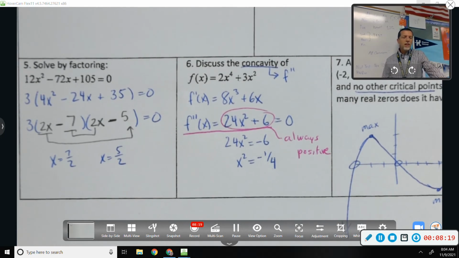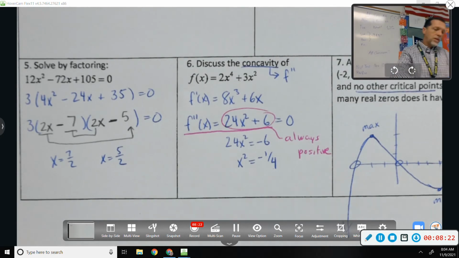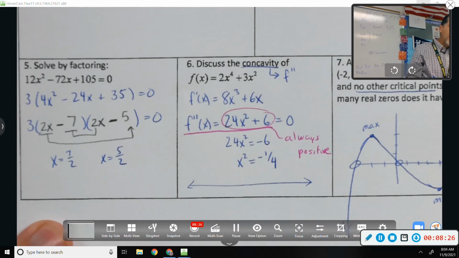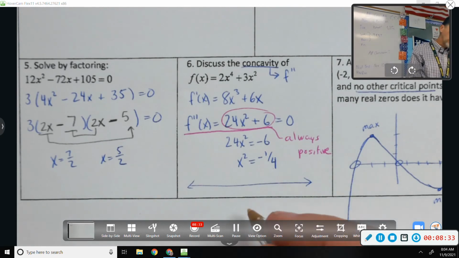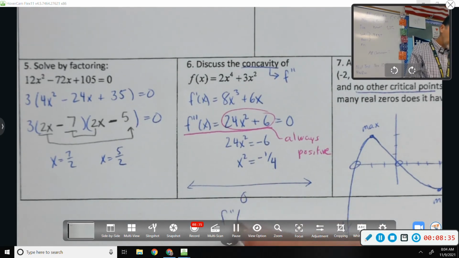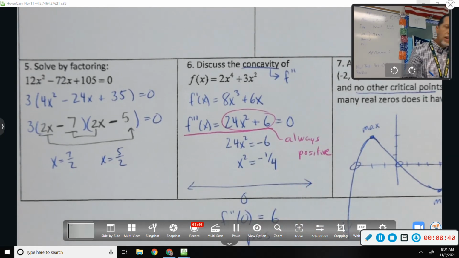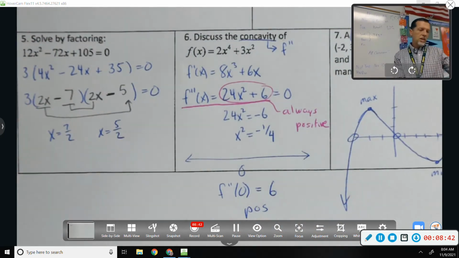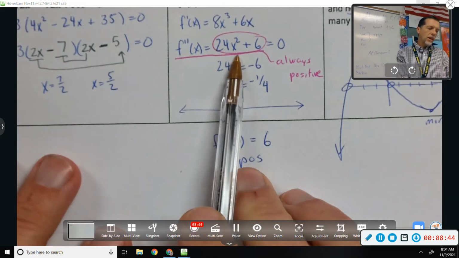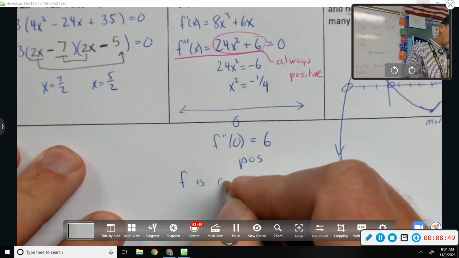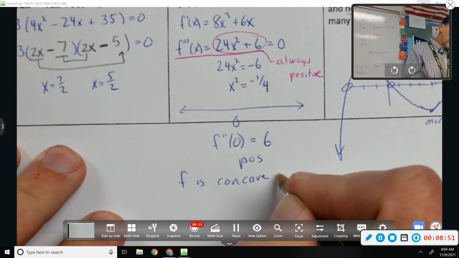That's never negative. The other way to do it would be to say, well, I don't have any possible POIs, so I'll do a number line and it'll all be the same thing. There's one interval, the whole thing. So pick a test point. The second derivative at 0 is positive. So it's positive everywhere. So what am I saying about concavity? F is concave up, always.